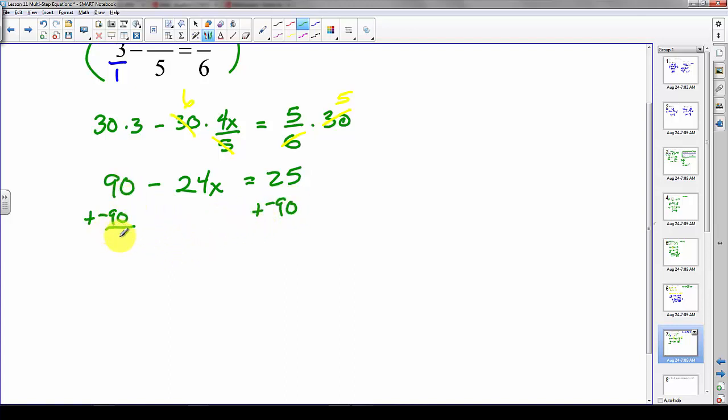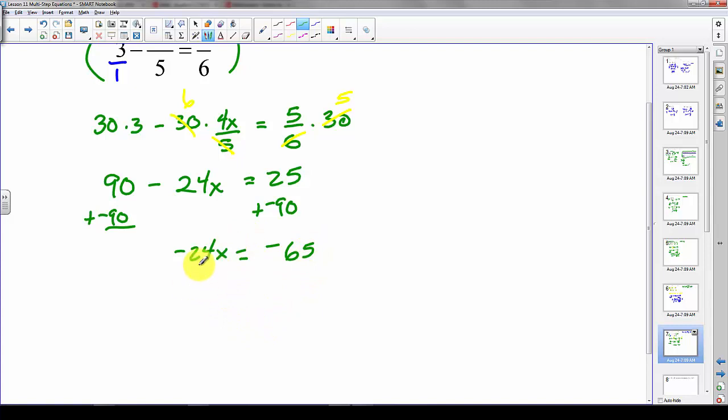This goes to 0. I have negative 24x. Now the 90 and the 25 have opposite signs, so I'm going to keep the sign of the bigger number, which is the 90, and then I'm going to take 90 and subtract 25 from it and end up with 65.